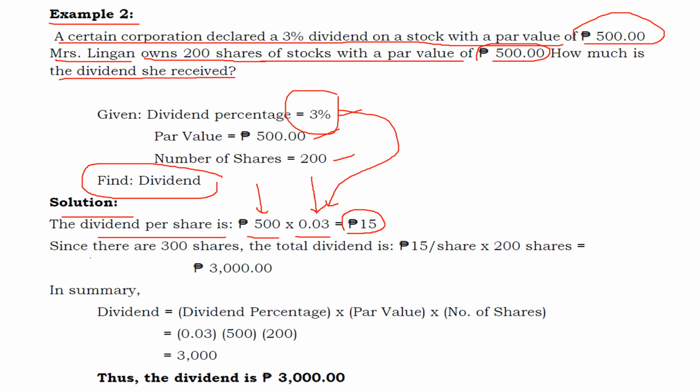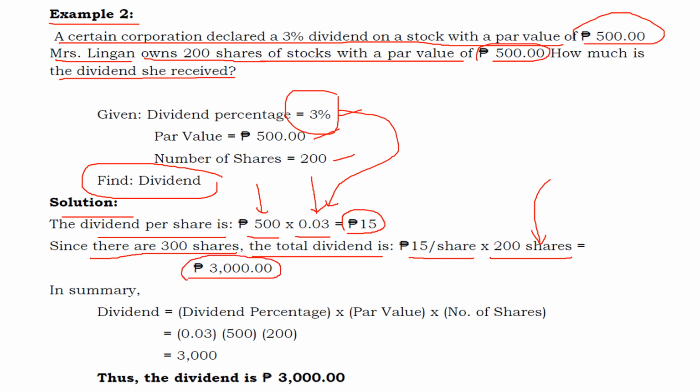Now, since there are 200 shares, and the dividend is 15 pesos per share, we need to multiply this 15 pesos per share by 200, because that is the number of shares involved in this problem. If we multiply 15 by 200, that will be equal to 3,000 pesos.